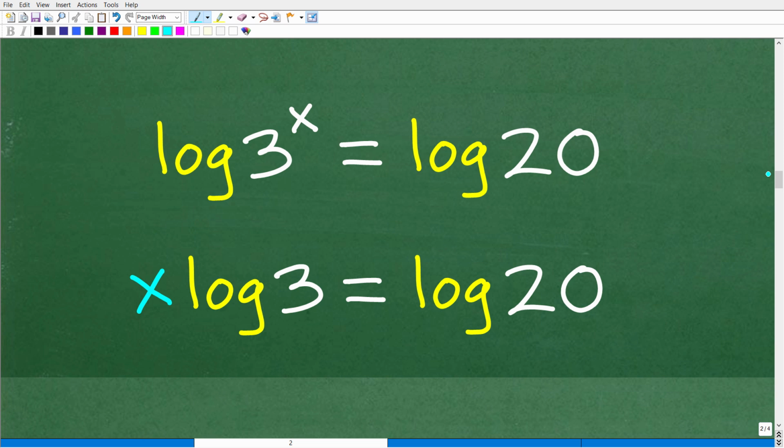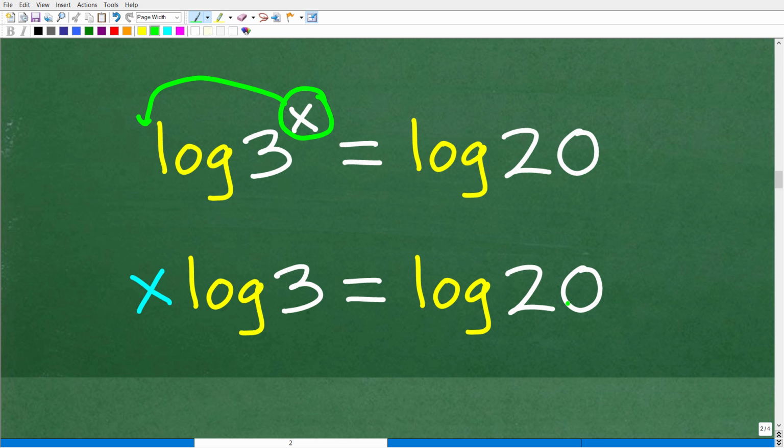One of the best ones, they're all important of course, is that when you take the logarithm of a power, like this exponent up here, you can actually drop this exponent in front of the log. So when I took log of 3 to the x, I can take this exponent x and put it right in front of the log. So now this is x log 3 is equal to log 20.